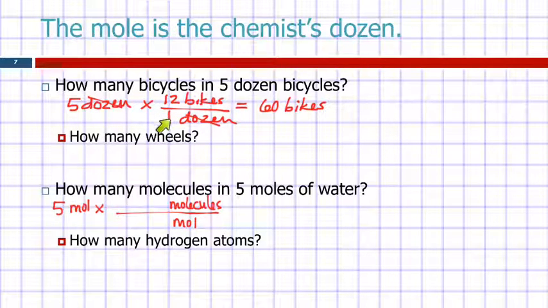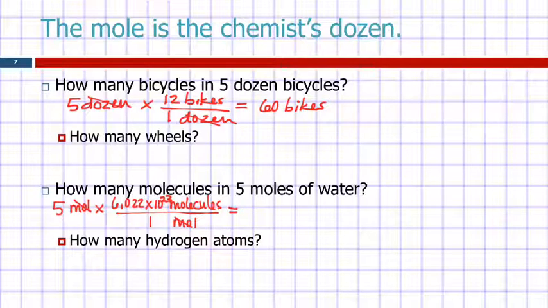Because just like a dozen is a certain number, a mole is a certain number of things. 1 mole is how many things? 6.022 times 10 to the 23rd. It's not 12, it's that crazy number. And moles cancel out. This number is the biggest reason you have to learn scientific notation.